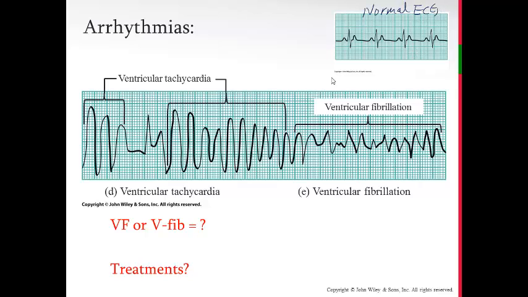Now, we saw normal ECGs, and you have the regular P, QRS, and T waves over there. There are times when the beats are out of order. It's called arrhythmia when you have abnormal rhythm. Let's take a look at two types of abnormal rhythm.